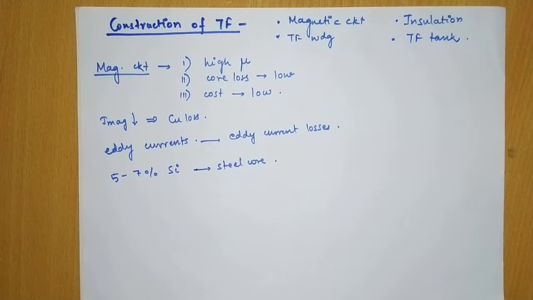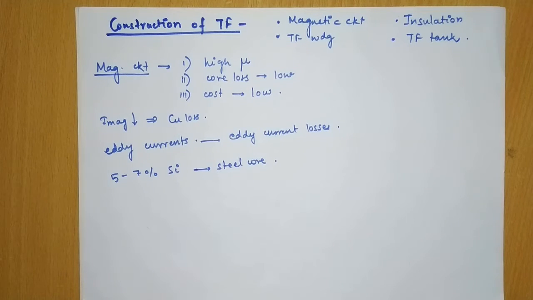Next, the magnitude of the eddy current loss can be reduced by providing laminations to the core material. By doing laminations, the resistance for the path of the eddy current will be increased. So, the magnitude of the eddy current and the losses can be minimized.